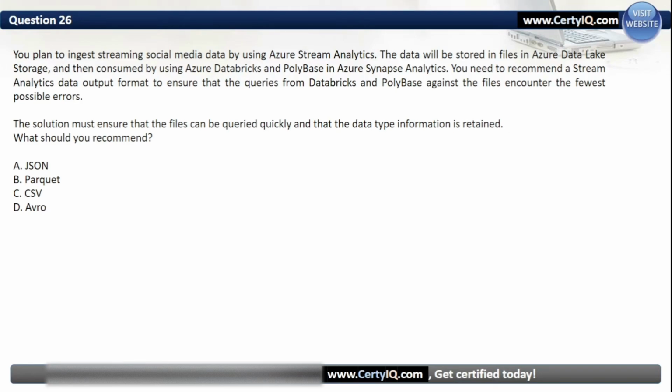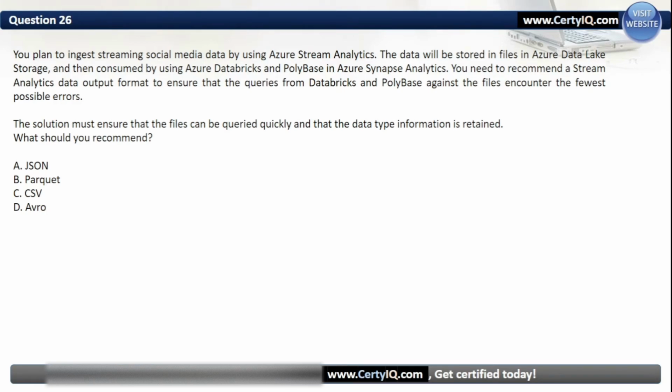Question 26. You plan to ingest streaming social media data by using Azure Stream Analytics. The data will be stored in files in Azure Data Lake storage and then consumed by using Azure Databricks and Polybase in Azure Synapse Analytics. You need to recommend a Stream Analytics data output format to ensure that the queries from Databricks and Polybase against the files encounter the fewest possible errors.